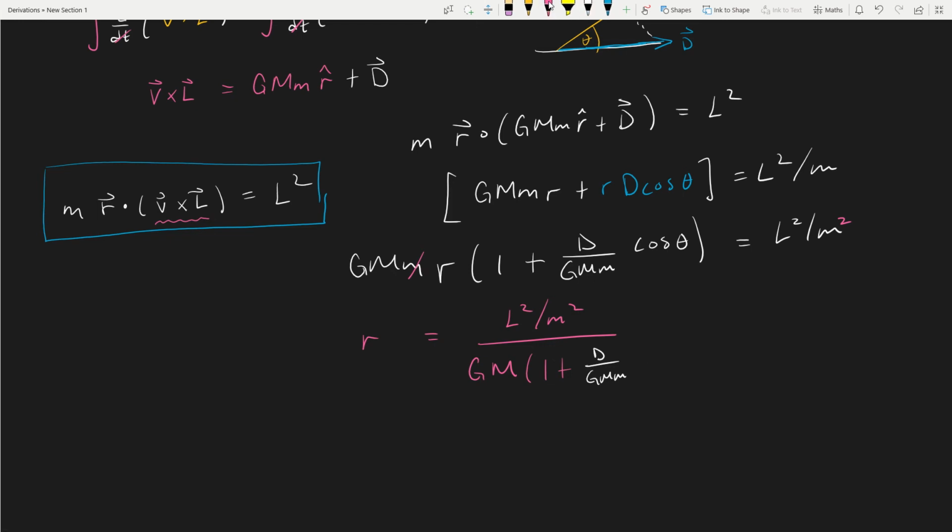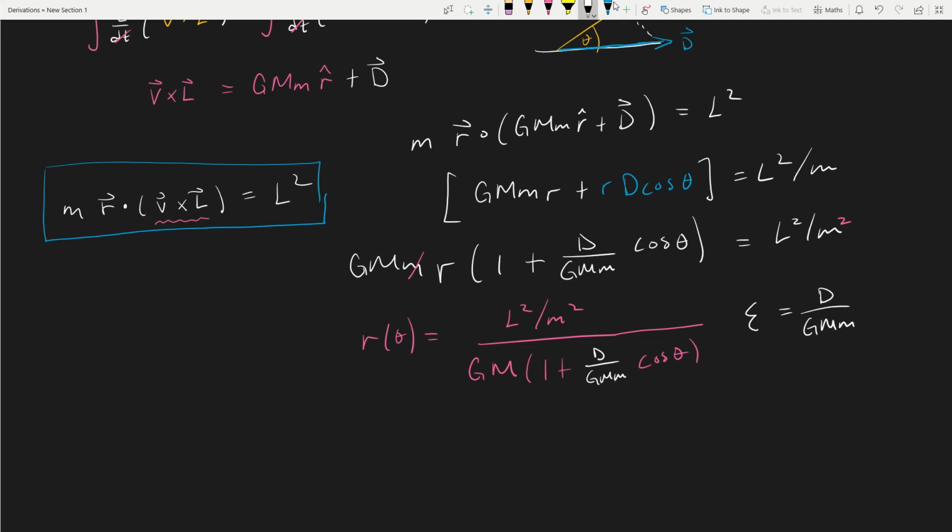If you watched the video on ellipses a couple videos back, you'll notice that this is of the exact same form. The only other thing you need to note is that the eccentricity, e, is going to be equal to d over G, capital M, little m.